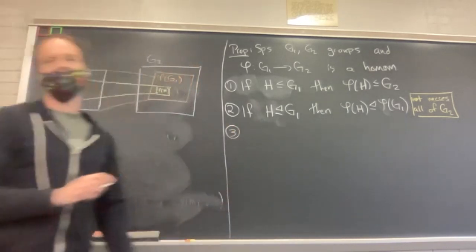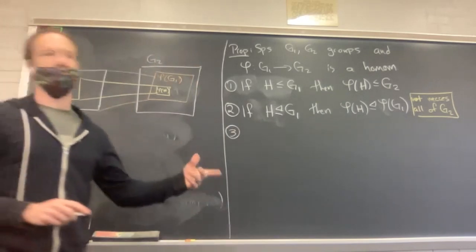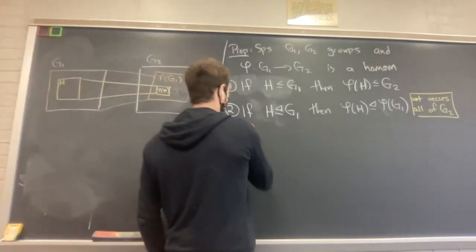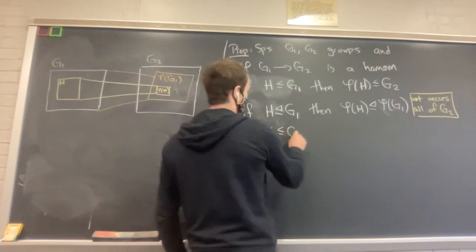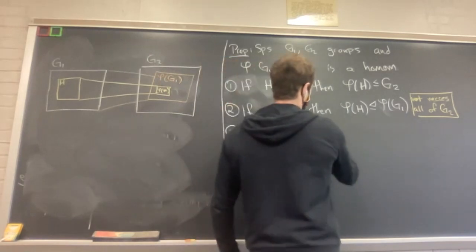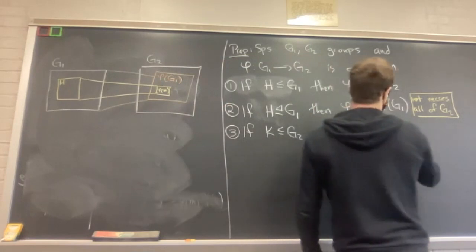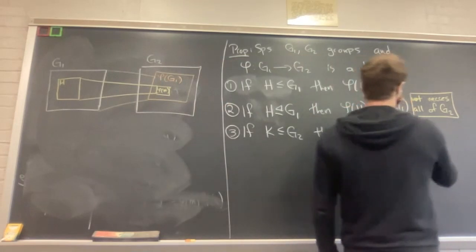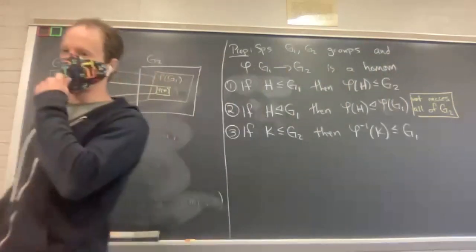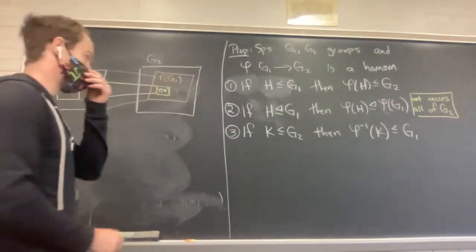And that has to do with if you have a subgroup on the right-hand side. So if K is a subgroup of G2, then phi inverse of K, really I should be saying the pre-image of K, is a subgroup of G1.